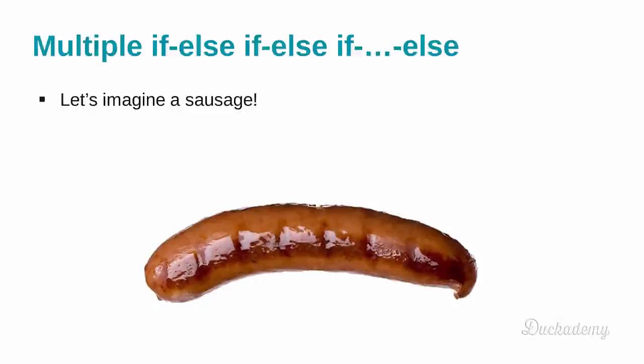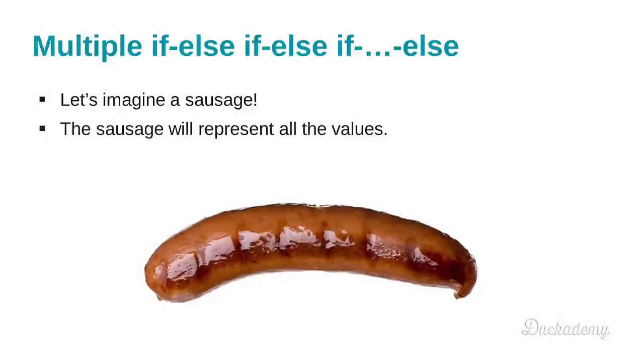What did we do in the boiling and freezing exercise with these ifs and else ifs and elses? Let's imagine a sausage. The sausage represents all the values from -infinity to +infinity. And with the first if, we cut one part of this area, just like if we cut the first part of the sausage.